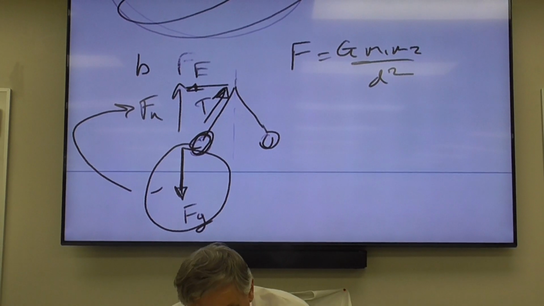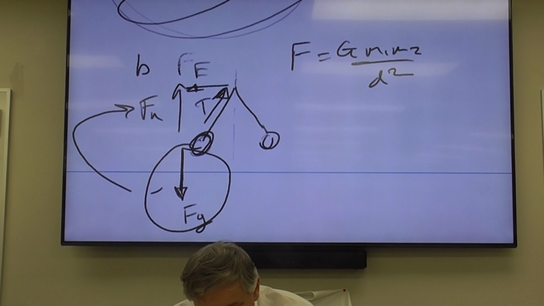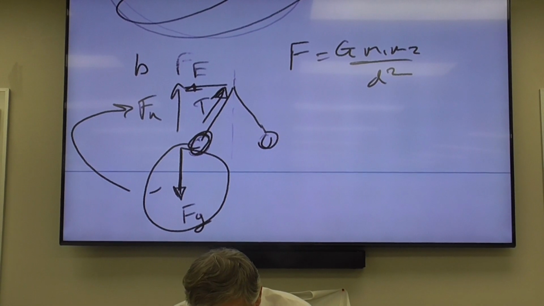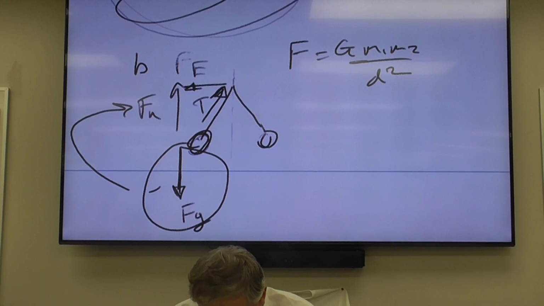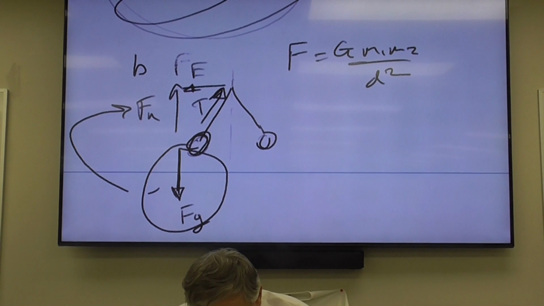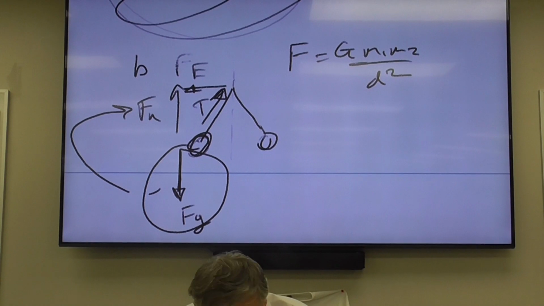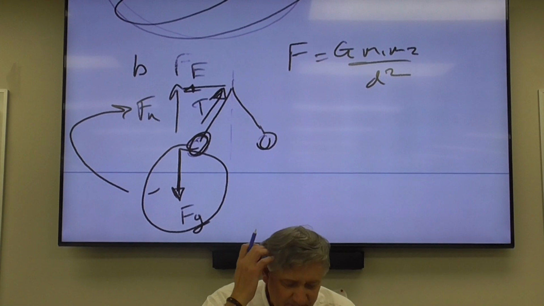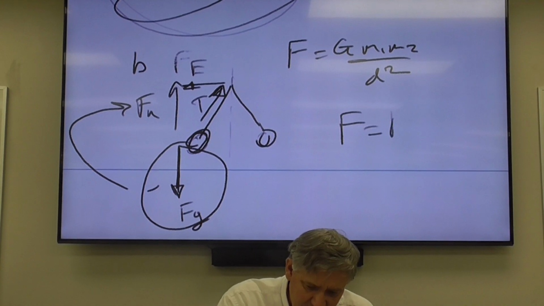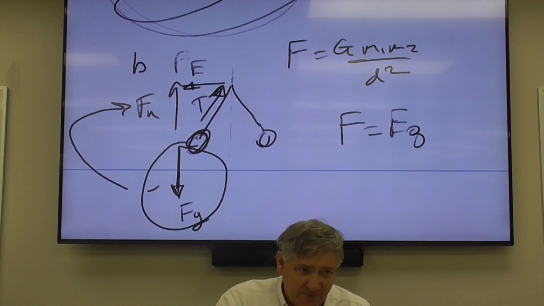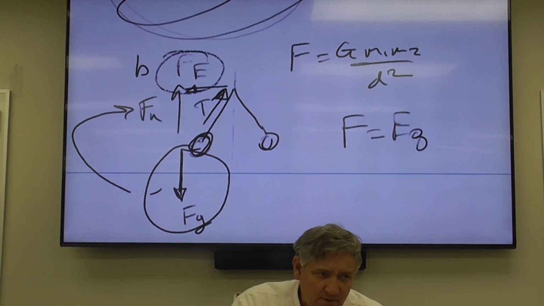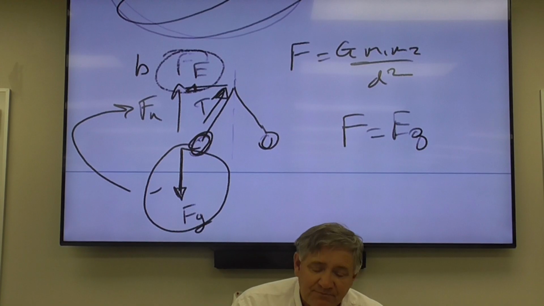Now, on 64, you're trying to figure out the charge on this. So to do that, eventually you have to use F_E, so you've got to figure out what the value of that force is.